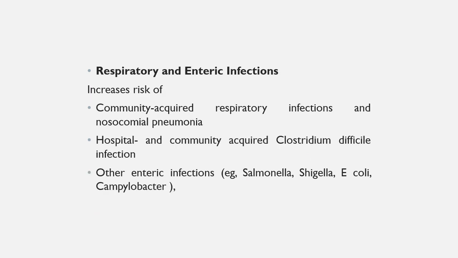Gastric acid is also an important barrier to ingested pathogens. So, prolonged use of proton pump inhibitors can increase the risk of respiratory infections, both community acquired and hospital acquired, as well as the risk of hospital and community acquired Clostridium difficile infection, which is pseudomembranous colitis, and they can increase the risk of other enteric infections as well, for example Salmonella, Shigella, E. coli and Campylobacter.